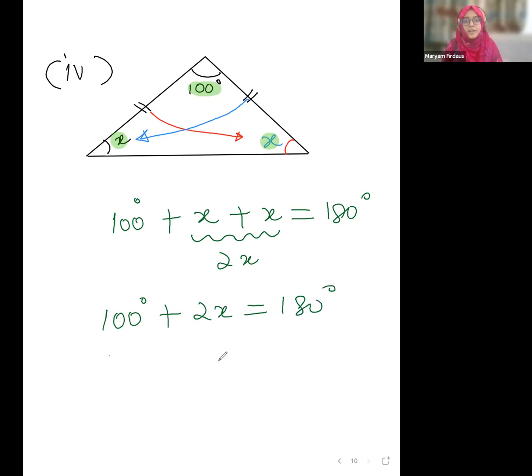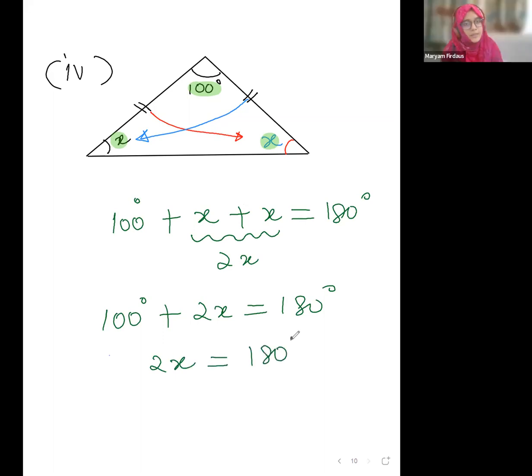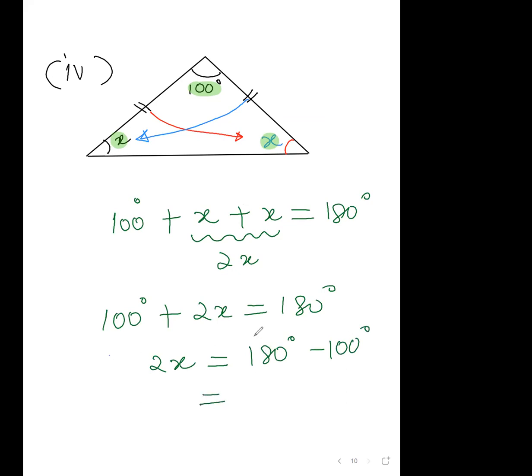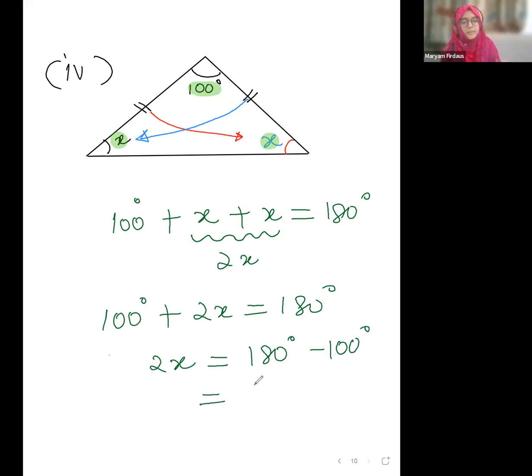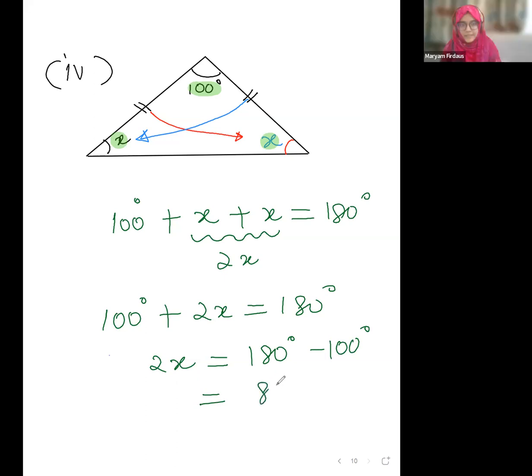Can you send 100 to the other side? Yeah. 2x becomes 180 minus 100. And 180 minus 100 is 90. Hiba, think again. Sorry, 180 minus 100 is 80. Very good.